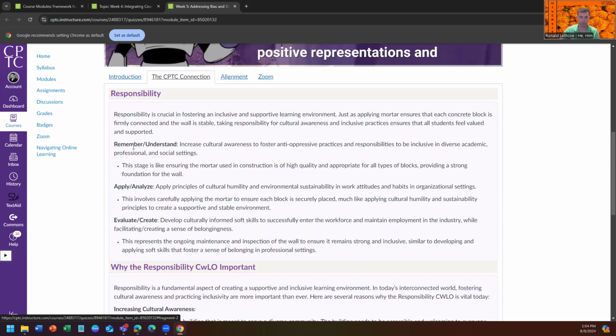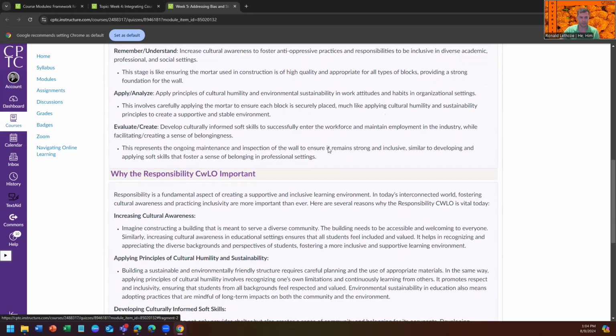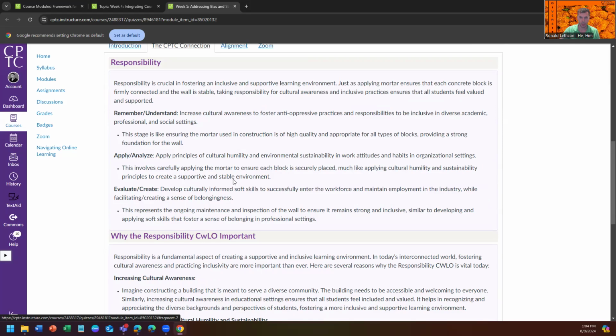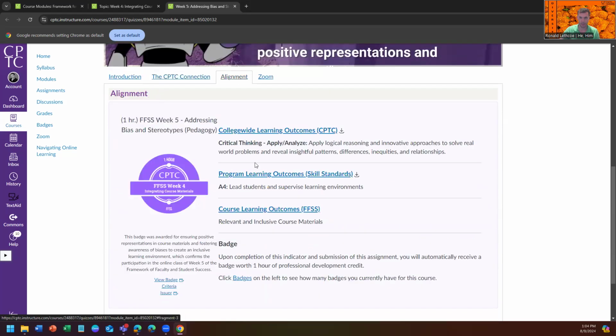I don't want them to be rushing. But I would say that relating to positive representation, inclusivity is our responsibility as instructors. It's mostly stuff that we've talked about already, but we'll see if we have some time at the end to talk about that.